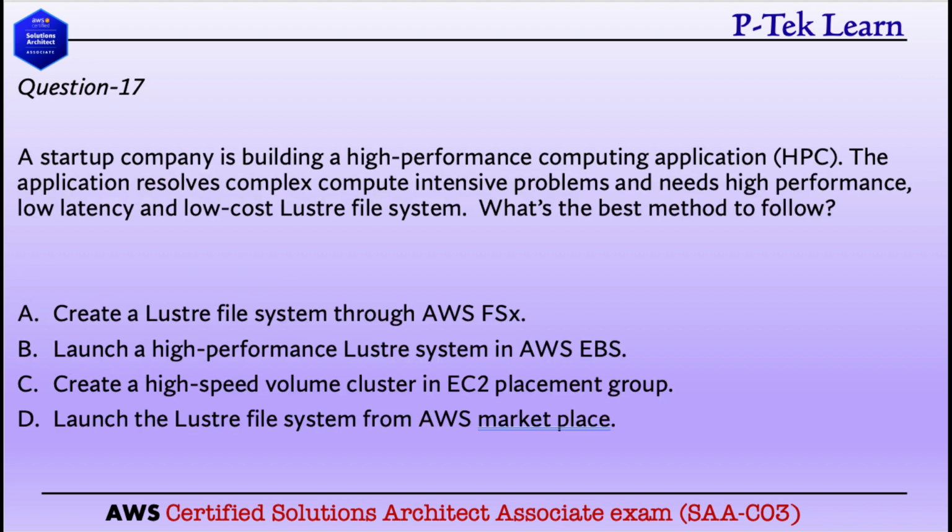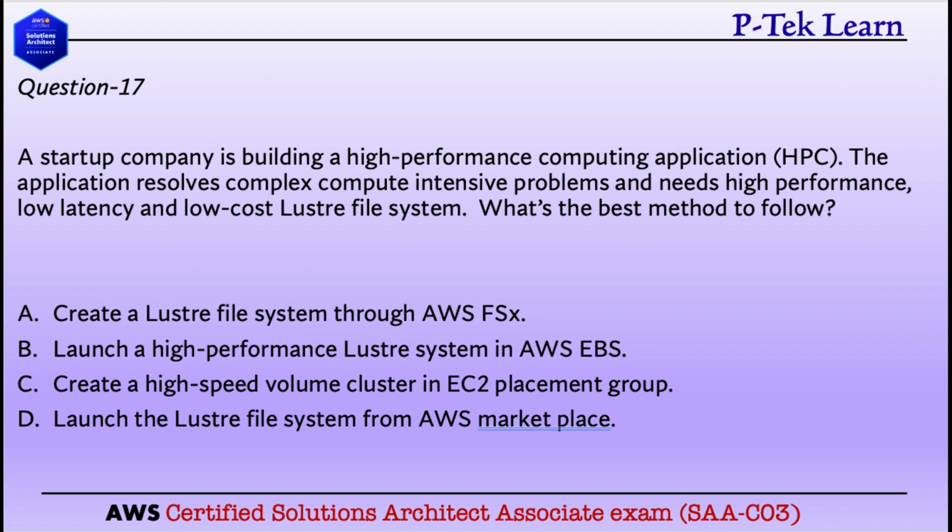Question number 17. A startup company is building a high-performance computing application, HPC. The application resolves complex compute-intensive problems and needs a high-performance, low-latency, and low-cost Lustre file system. What's the best method to follow?